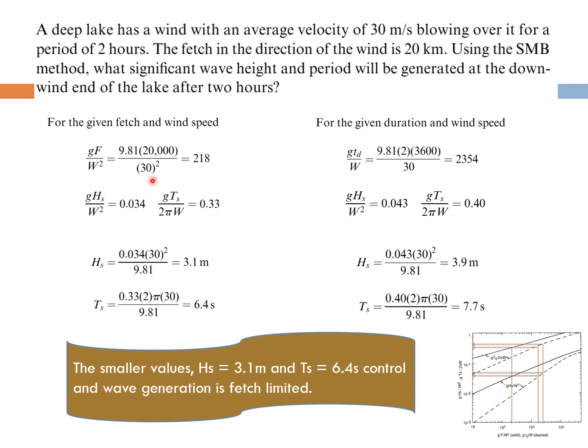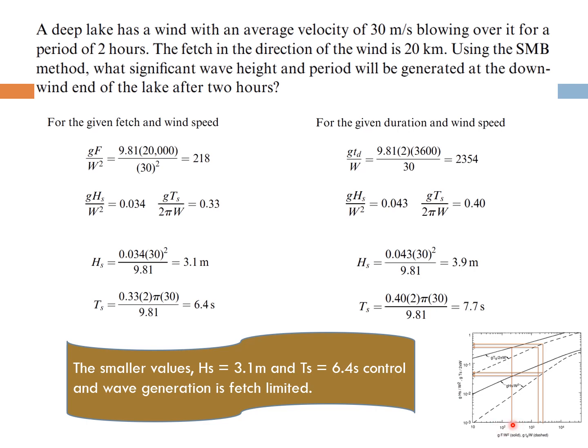W is the wind speed, which is 30 meters per second. This is basically the fastest mile, although right now in the SMB method it is represented using W. So this is the dimensionless wind fetch. So given this dimensionless wind fetch, we can go to the SMB chart.